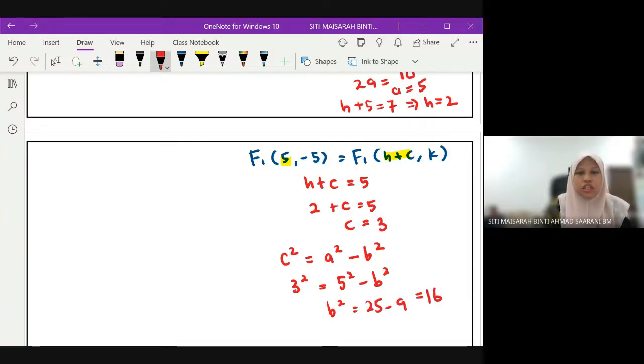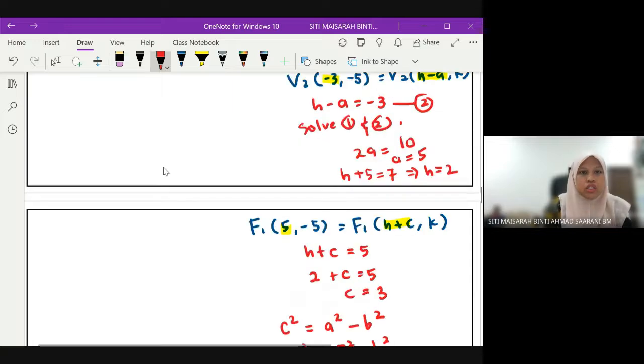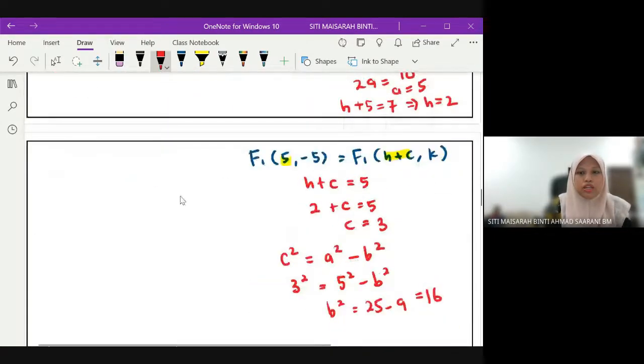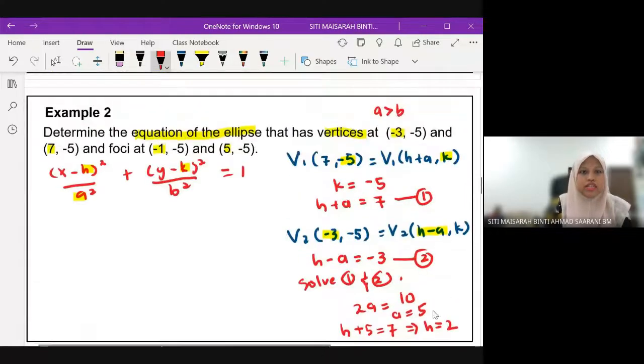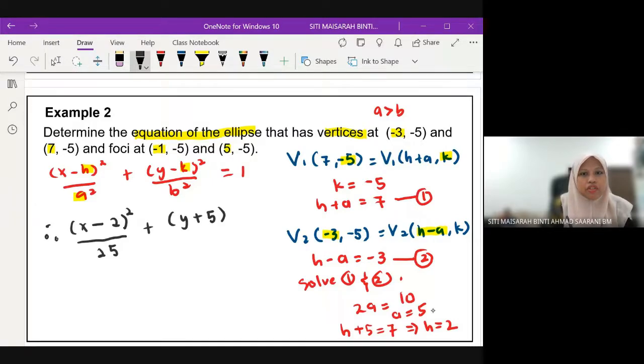So jadi kalau ikutkan dia nak equation je kan. Bawah ni dia nak B square. So boleh tinggal dalam B square lah. So B square is equal to 16. So jadi kita dah ada semuanya. So then equation of ellipse kita, therefore we get X minus H is 2 square over A square is 5 square lah, which is 25, plus Y plus 5 square.